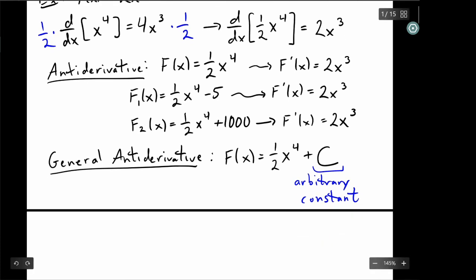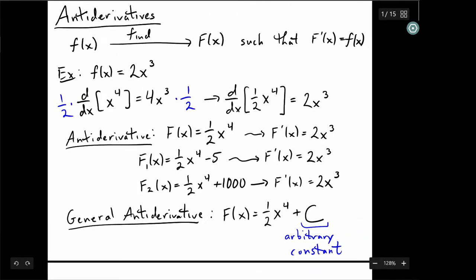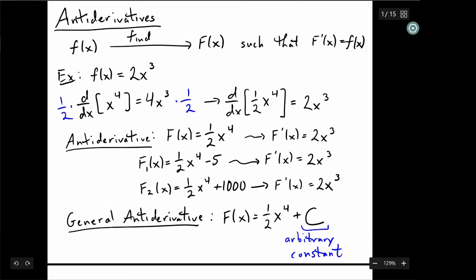It's important that it be there because all of these options are antiderivatives, no matter what number we fill in. But we don't want to specify a particular number. We want to keep it as general as possible. And that is the idea behind an antiderivative.